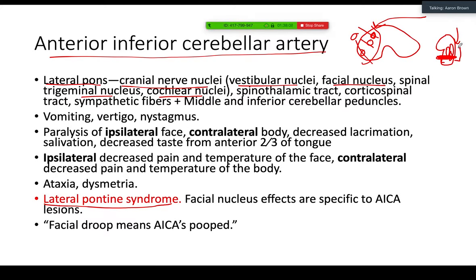But how about our AICA? Well, these nuclei are vertical, so we still lose some blood supply to those nuclei, even though it's at a different level. So here's our AICA, here's our PICA. I want you to think about the fact that when these nuclei are vertically oriented, they continue on in a vertical fashion, so a lesion in our pons can have similar effects to a lesion in our medulla, because these nuclei don't look at their zip code.